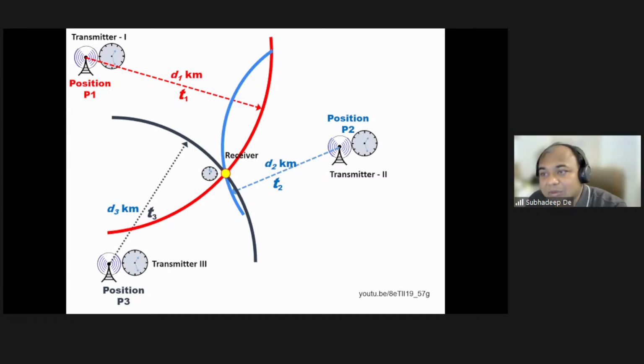But actually this is a two-dimensional description of the entire thing. The earth is three-dimensional, so everything is three-dimensional. So you need at least four transmitters or more. Just to give you an example, sometimes you won't get enough signal on your mobile device, and then we say, oh, tower available nahi hai.